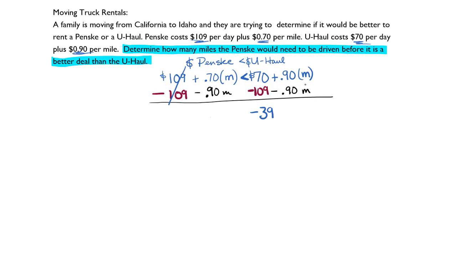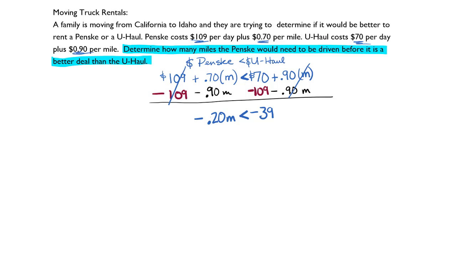Also, the 90 cents times M goes to 0 on the right, and it is equivalent to negative 20 cents times M on the left.